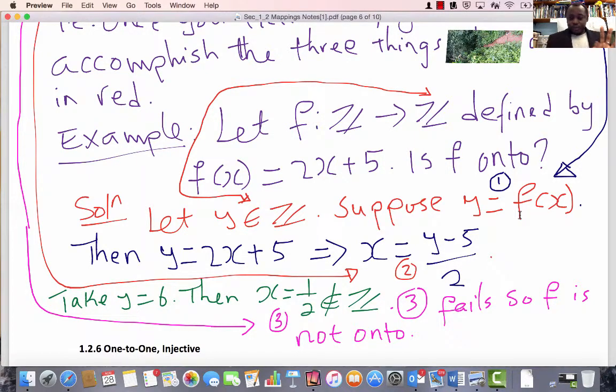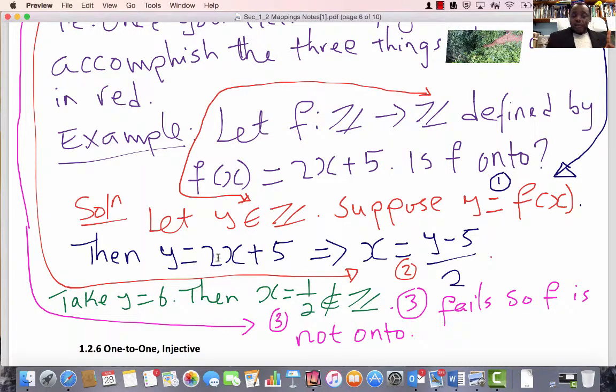Remember the three things we have to show? The first one is basically stated. We're not saying that it has happened, but we're saying suppose it actually were the case, would things work out for us? Suppose y equals f of x. That is 1. Now, what does that mean?